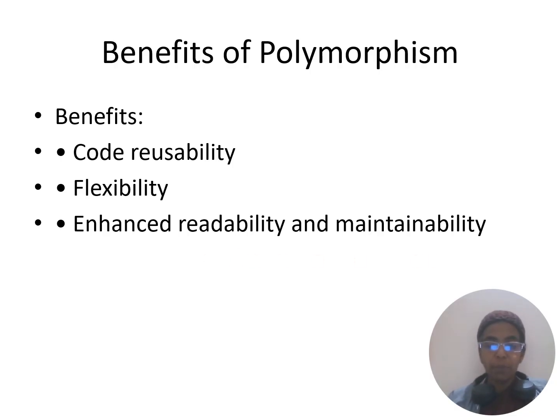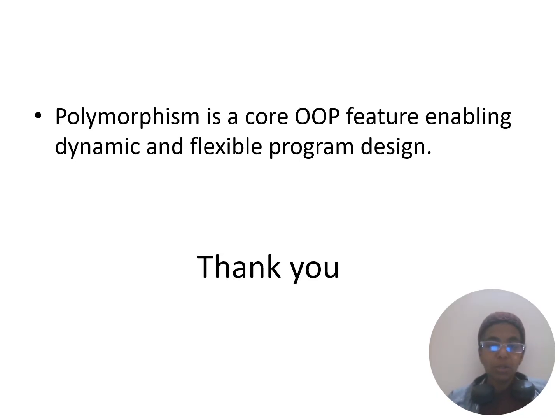These are some of the benefits of polymorphism, which is an object-oriented concept and is very useful in Java. Finally, I conclude that polymorphism is a core object-oriented feature enabling dynamic and flexible program design. We have to keep that in mind.